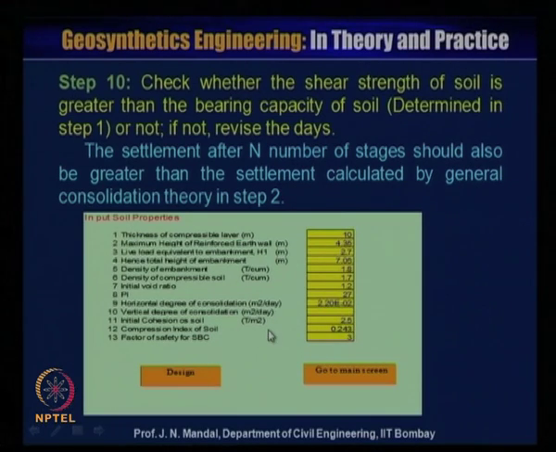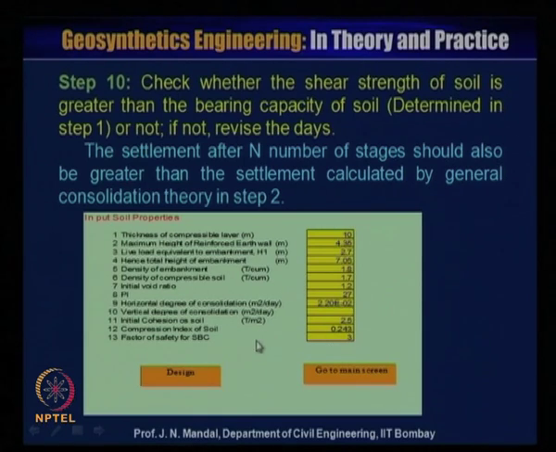Initial cohesion of the soil is 2.5 ton per meter square, factor of safety is 3, and compression index of the soil is 0.243.